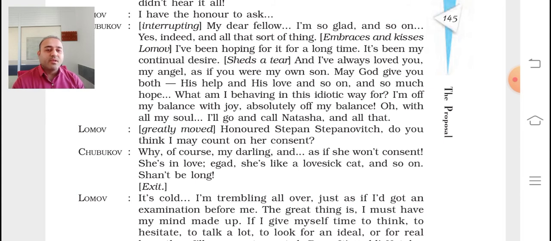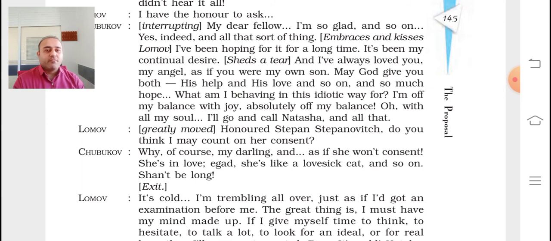Lomo, greatly moved. That means he was relaxed and he was also very happy. Honored Stepan Stepanovich, do you think I may count on her consent? Okay, so Lomo is asking that will Natalia be happy when she'll hear about the marriage proposal, and will she agree?